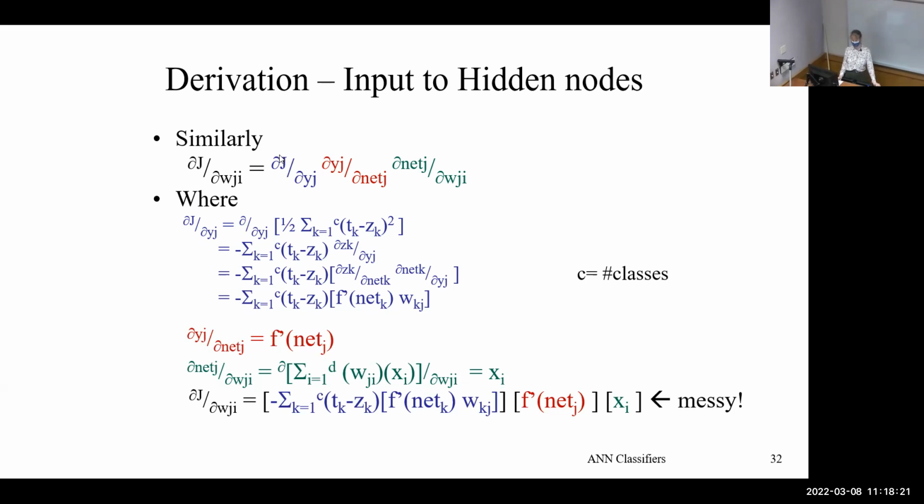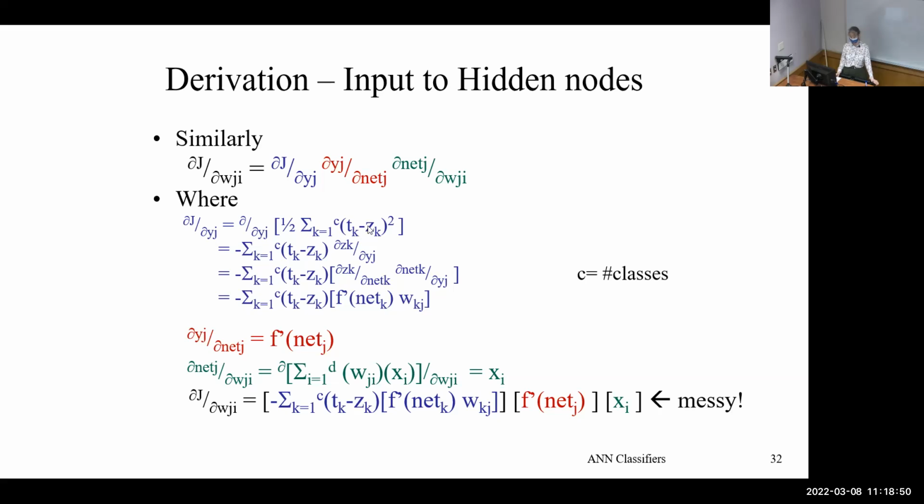Again, chain rule. Derivative with respect to our y's, y with respect to our net j's, with respect to our weights. Just chain rule. We take our cost relative to our y's. Whoops, there's no y's in that equation. Hang on there, we're okay.